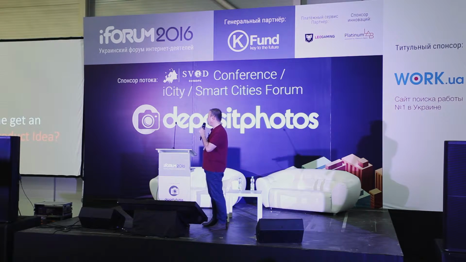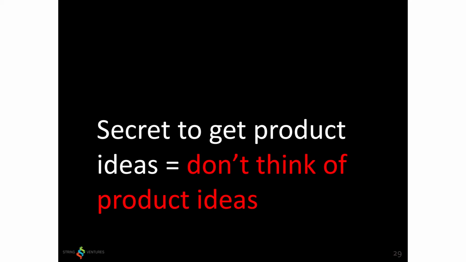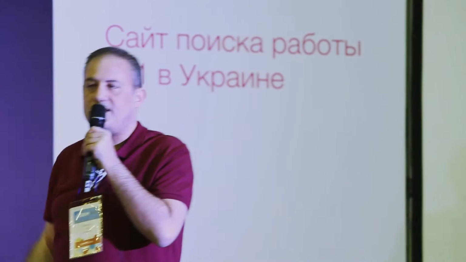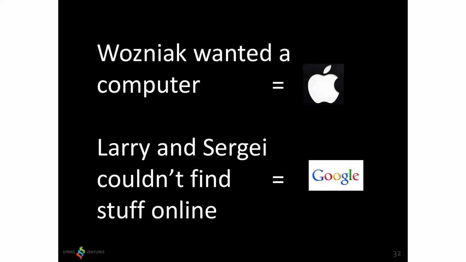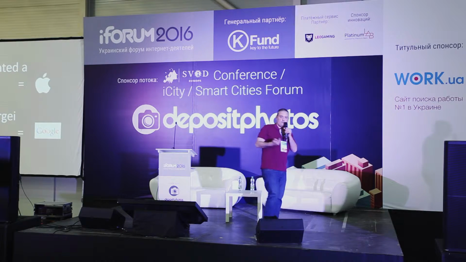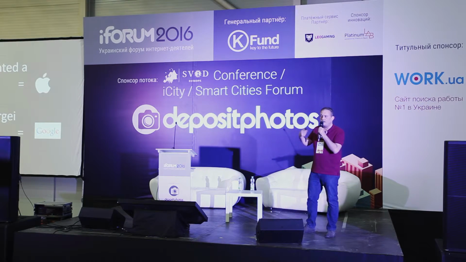So how does one get an innovative product idea? Maybe the secret is not thinking of great ideas. Maybe the secret is trying to observe the problems around you. Like I cited in the examples, Wozniak wanted a computer, and Larry and Sergey couldn't find the stuff they needed online, so they needed crawlers and went to seek them.